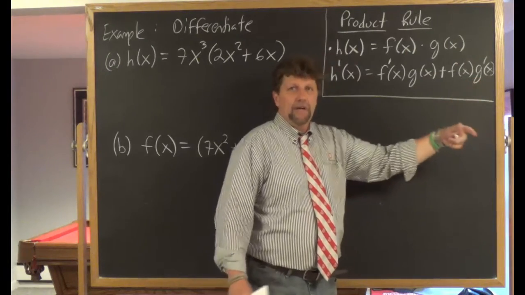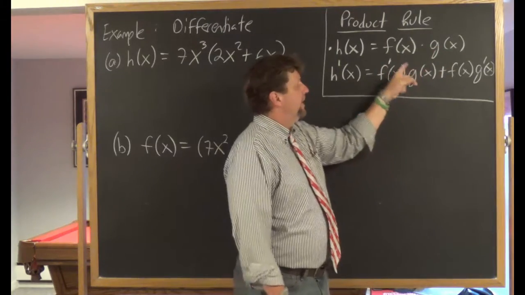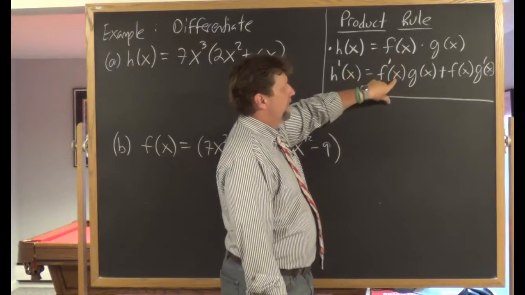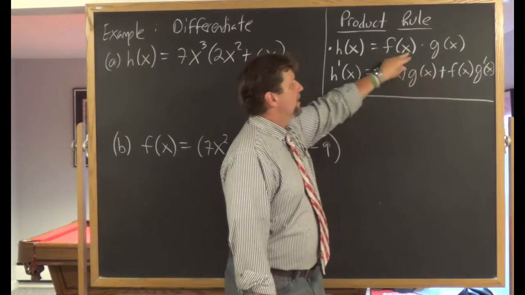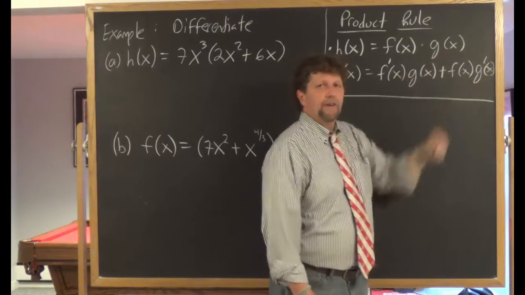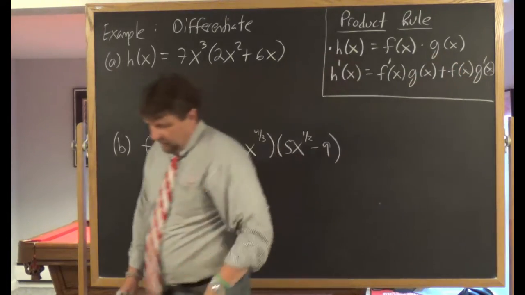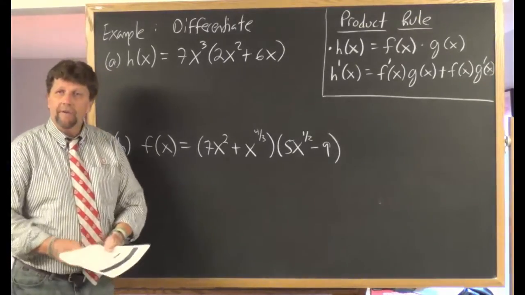Or in English, I like to think of it as the derivative of a product. The derivative is the derivative of the first function times the second function plus the first function times the derivative of the second function.